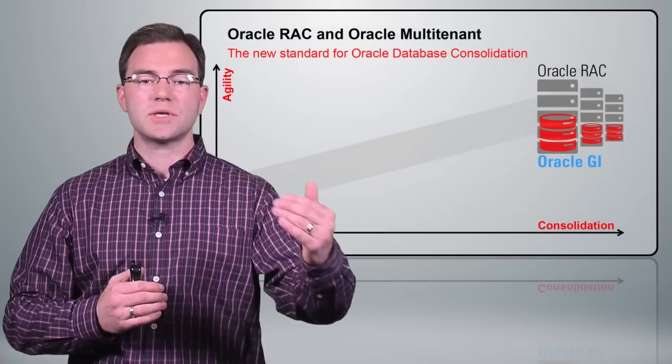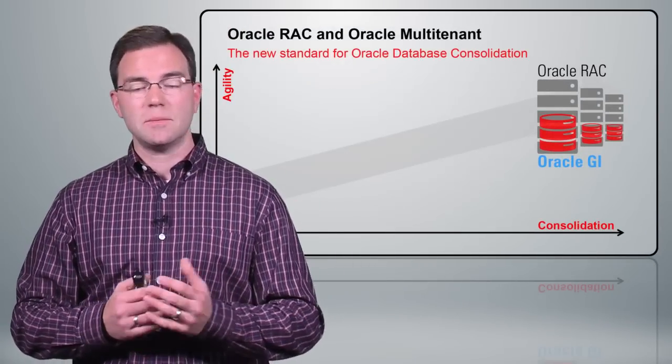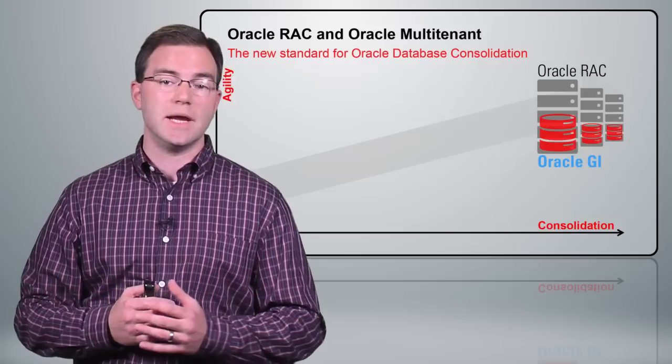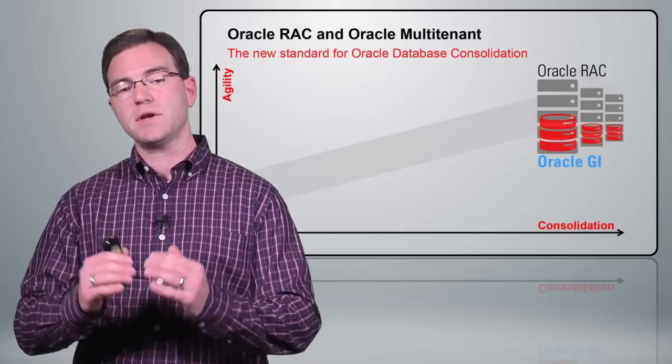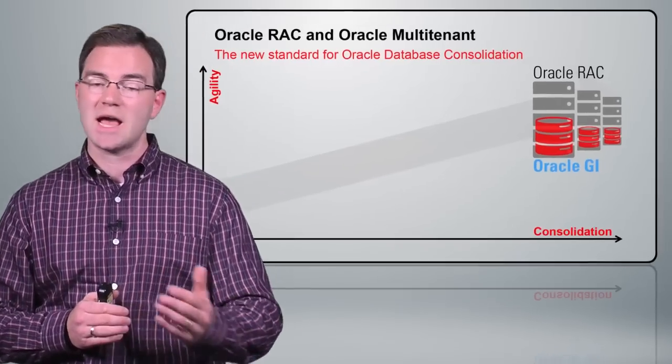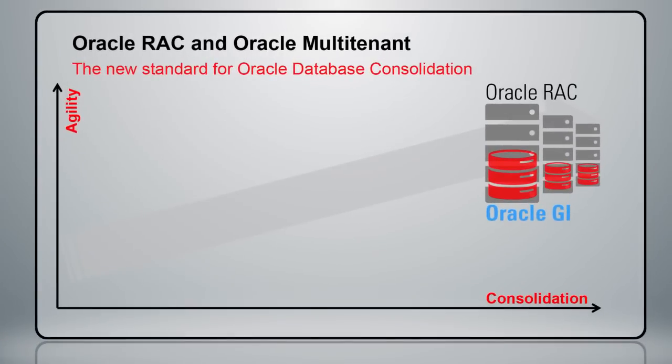Now, in addition to scalability and high availability, some of our customers like to consolidate, and Oracle RAC is the perfect foundation for consolidation. It has been for the longest time. Even back in 10g times, we have had customers consolidating and standardizing on the Oracle RAC infrastructure. With Oracle Database 12c, a new option has become available, which is called Oracle Multitenant.